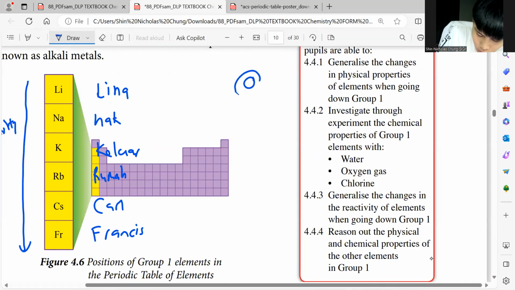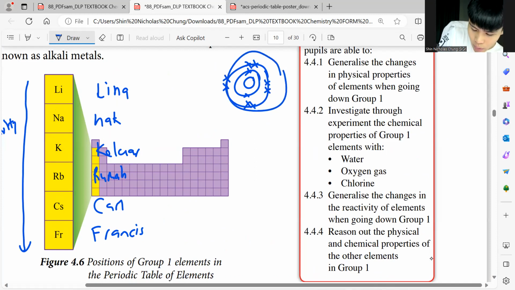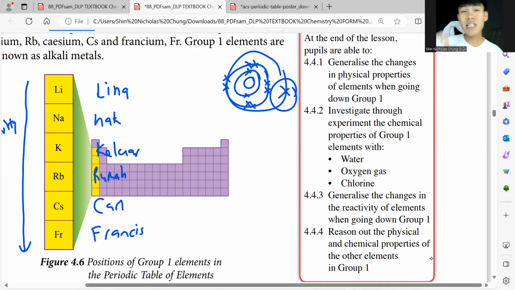Here, the concept is like this. Remember I said it always ends up with one valence electron because it's group one. So when I have one valence electron, is it easier for me to receive or donate? It's easier for me to donate, right?